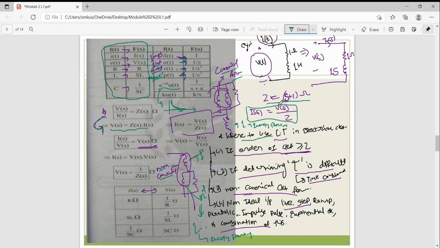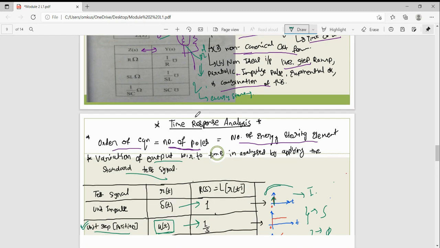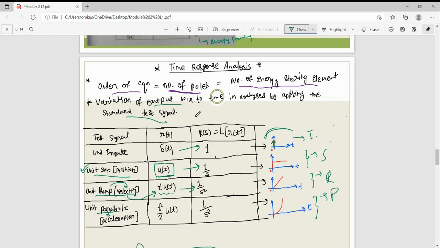So this Laplace transform is very useful in the following cases. In time domain analysis, when we talk about how to identify any signal, first of all in that signal or function you need to observe the order of the equation, the number of poles, and the number of energy storing elements. All three are equal.